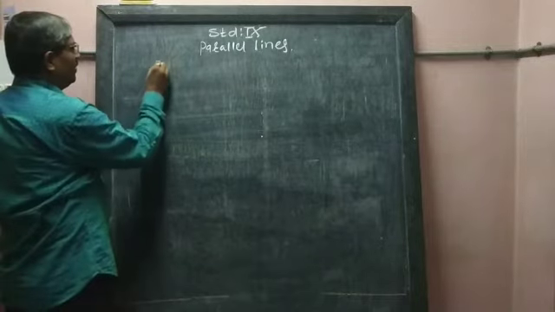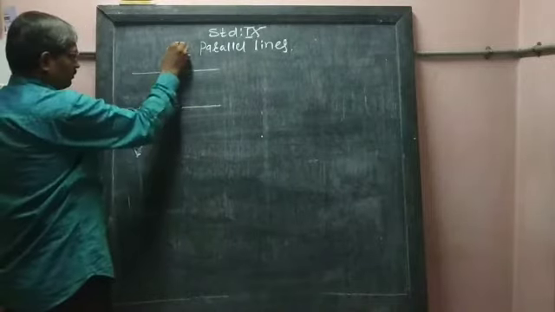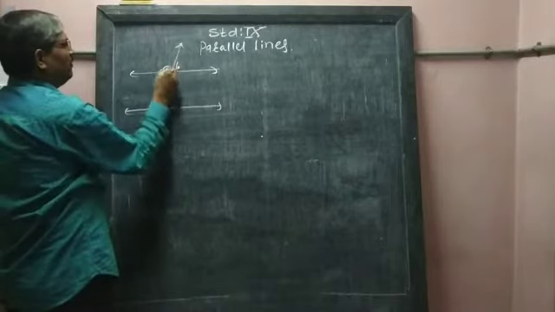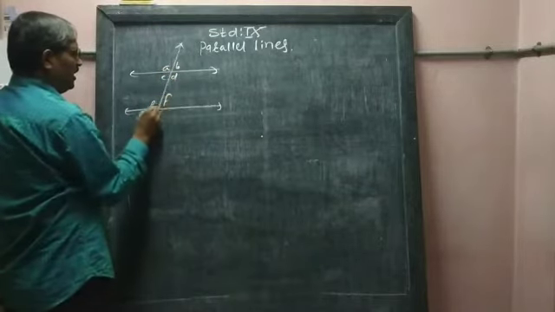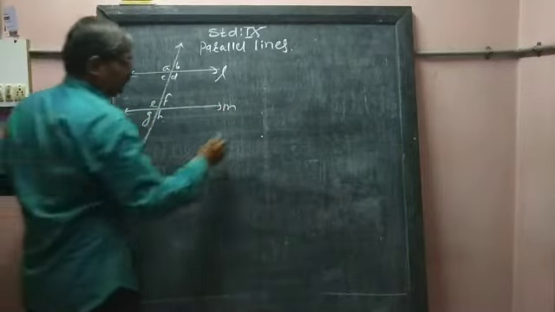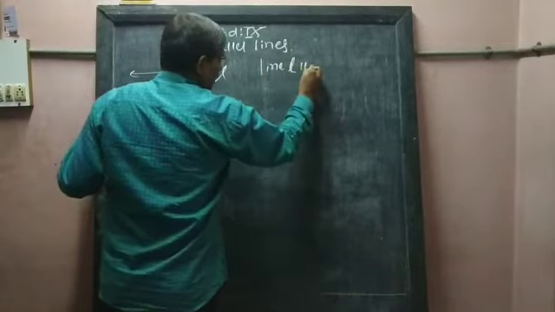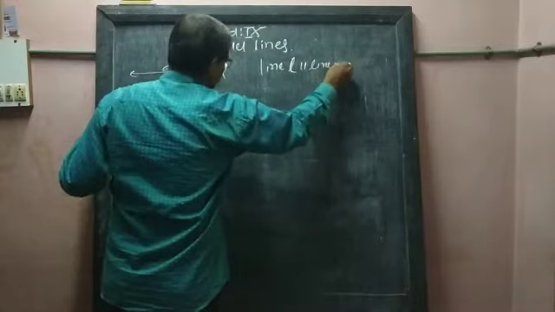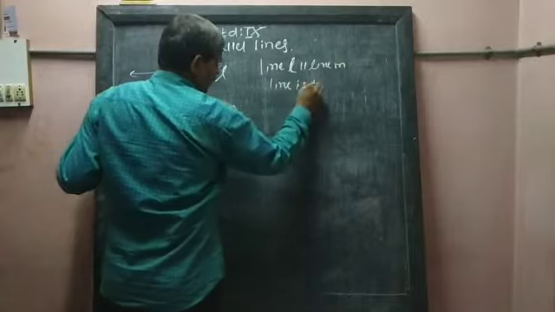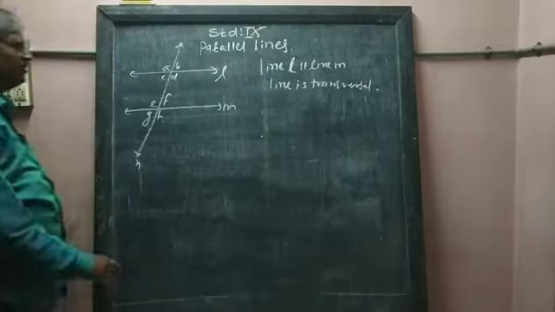Here, taking one example, suppose there are two lines. Here A, B, C, D, E, F, G, H. Lines L, M and N. Line L is parallel to line M. Line N is the transversal.